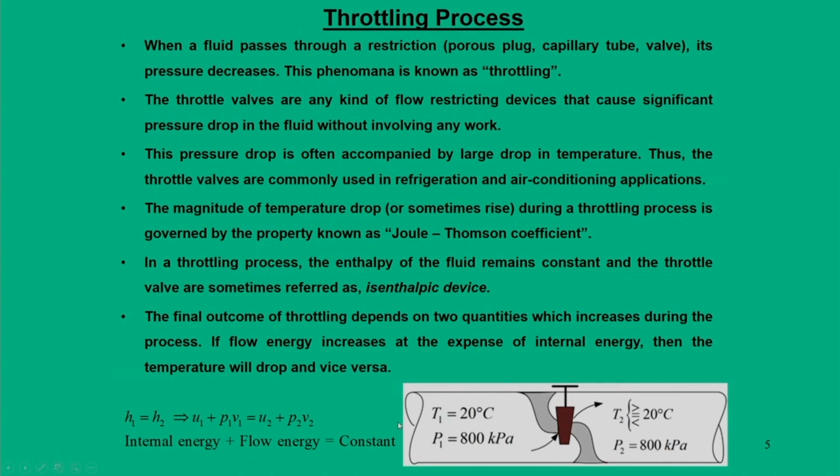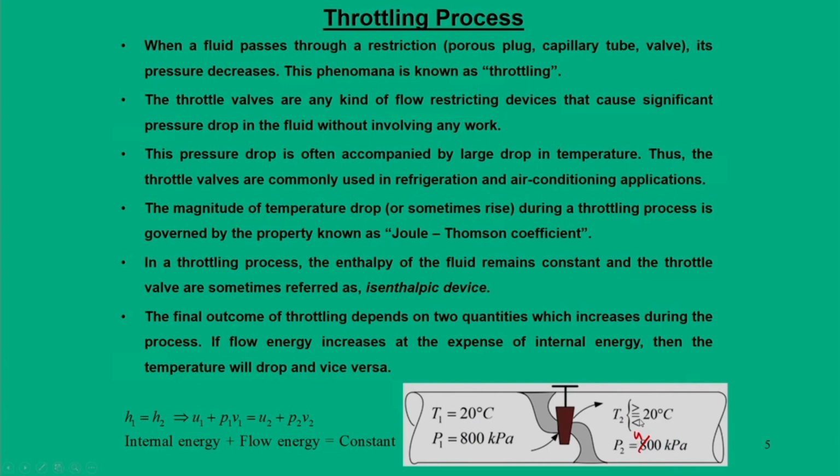As you can see in this figure, we have a tube or pipe and there is a valve sitting on it. Let us say the inlet condition is 800 kilopascal, 20 degree centigrade, and the pressure drops to maybe 400 kilopascal. So, there is a drop in pressure, but what will happen? Can the temperature increase?